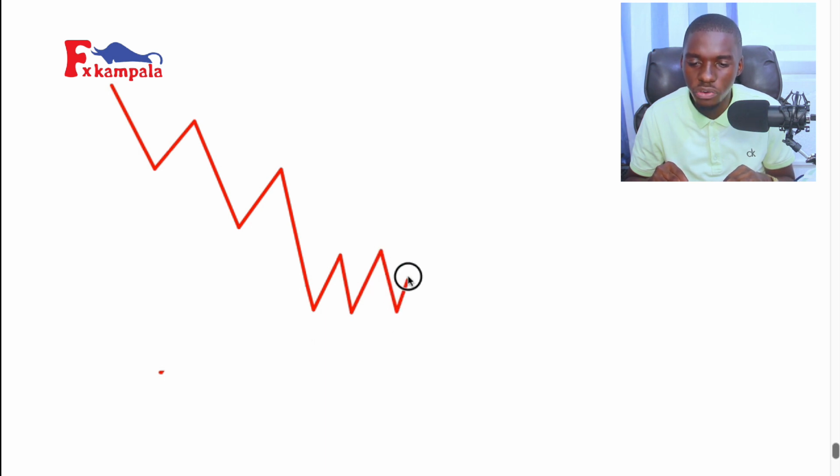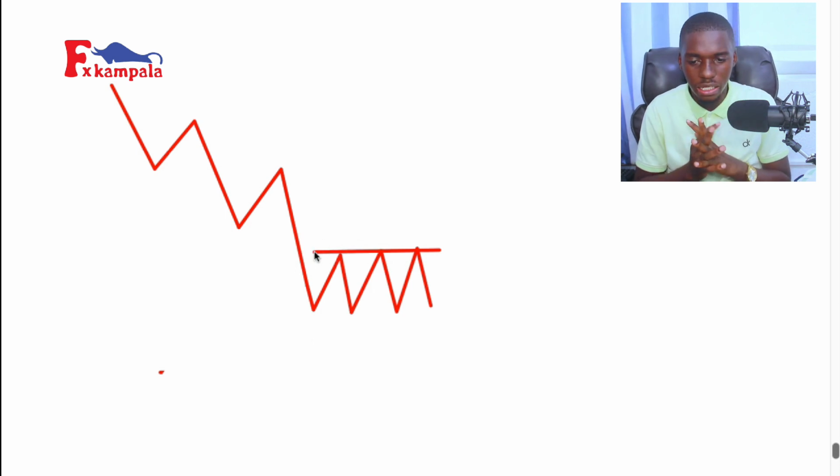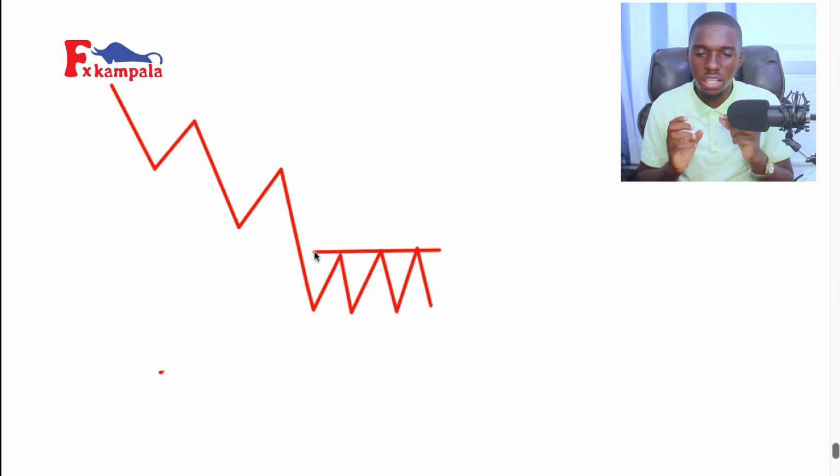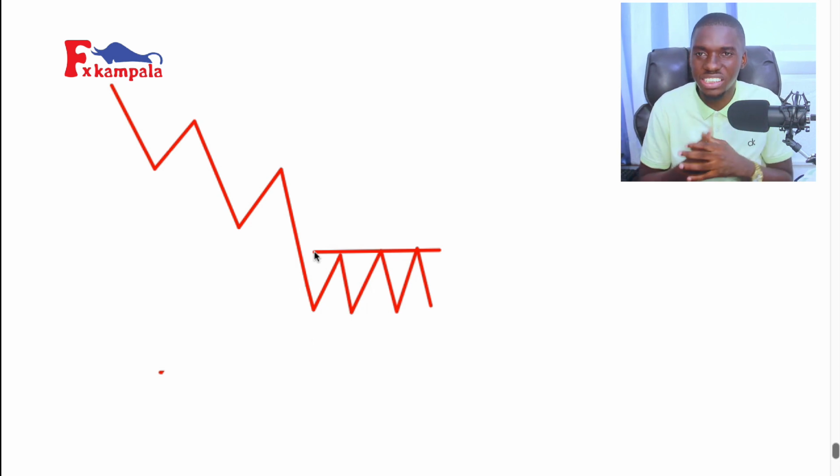A liquidity pool is when a trend gets into a range, and this range clearly defines liquidity. The accumulation, or what we call liquidity, is sometimes referred to as a liquidity pool.